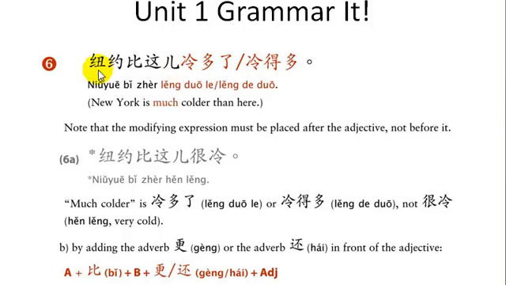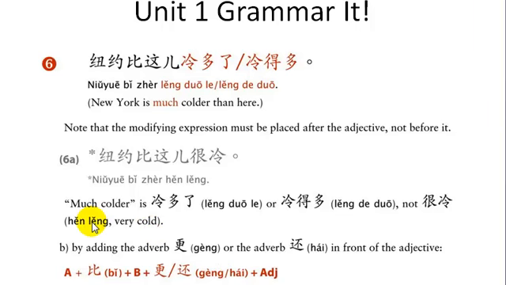Or you could say 纽约比这儿冷得多. So both of these sentences are saying that New York is a lot colder than here. And they're showing here again how you can't put the modifying expression before the adjective. The modifying expression must go after the adjective. Like 多了 is after 冷 here, and 得多 is after 冷 here.